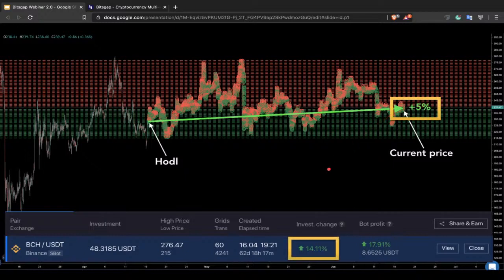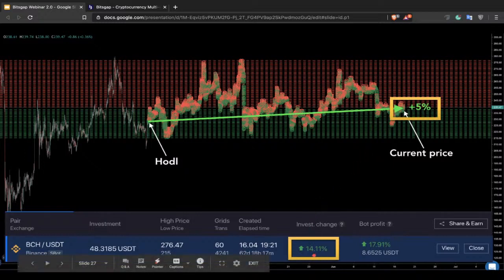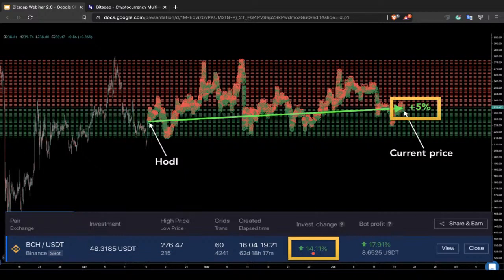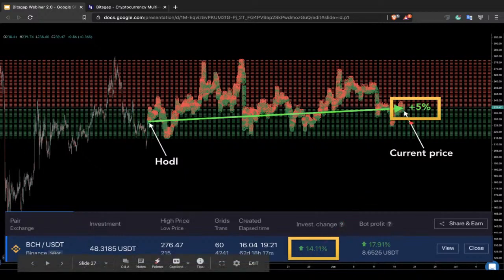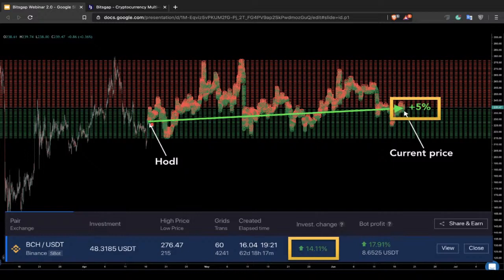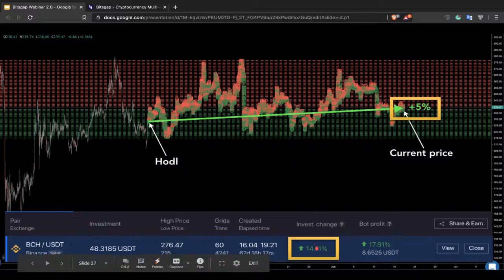But with automation, with the bot making profits for you on all of these market swings, you have your investment change of 14%. So that's almost 3 times higher than the value that you would get if you would simply hodl your cryptocurrency. With automation, you get this triple profit effect.